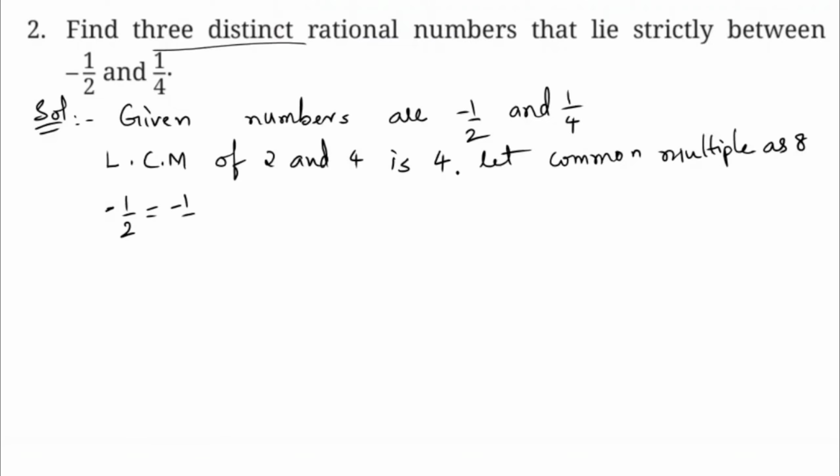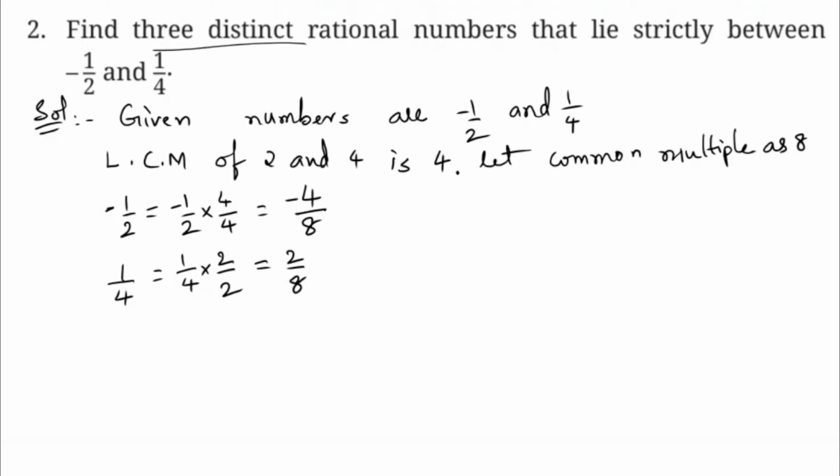So we get -1/2 into 4/4, which is -4/8, since 2 fours are 8. And 1/4, let us convert this also. 1/4 into 2/2 is 2/8, since 4 twos are 8.